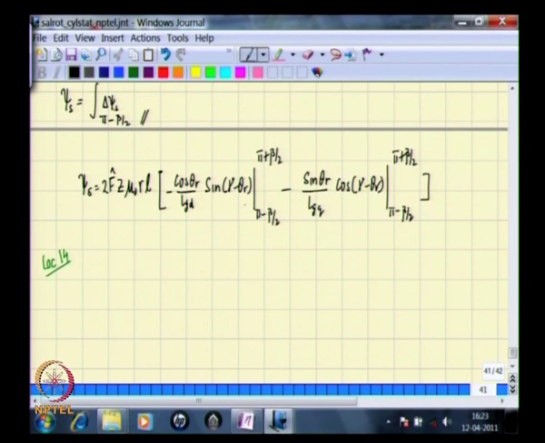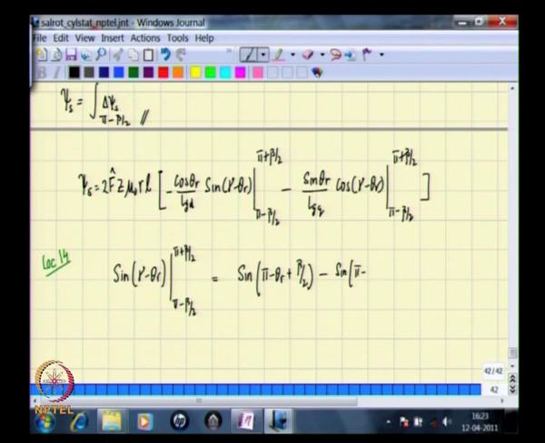The integration that we have done, when you substitute the limits, the first term, that is sine of gamma minus theta r going from pi minus beta by 2 to pi plus beta by 2, can then be written as sine of pi minus theta r plus beta by 2 minus sine of pi minus theta r minus beta by 2.